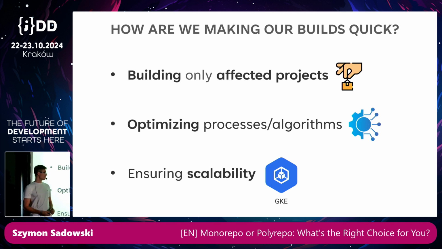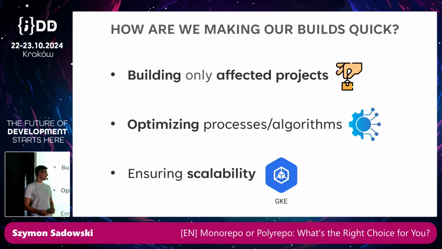So that is not a good approach, obviously, for the long term. And we need to ensure that only the affected projects are built. And Bazel, for example, allows us to do that, and other state-of-the-art tools allow us to do that. But we need to be aware that we need to use that.